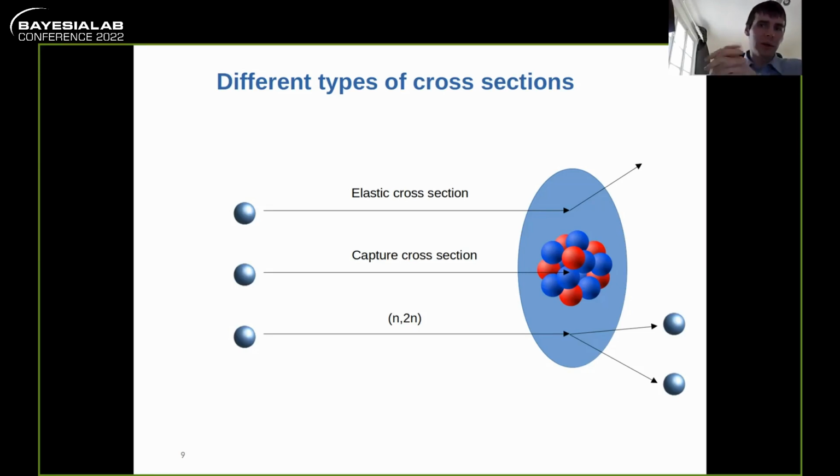So the initial target nucleus is converted to some other isotope of the same element if you have neutrons. And the third example is that the neutron hits the nucleus, is absorbed for a short time, and then two neutrons are emitted from the nucleus again.